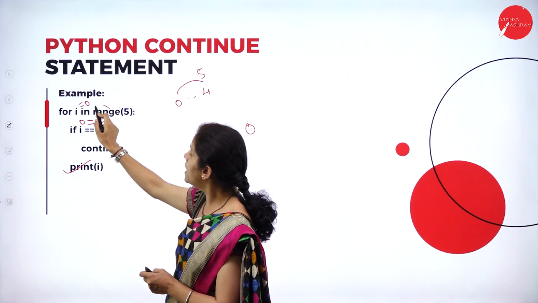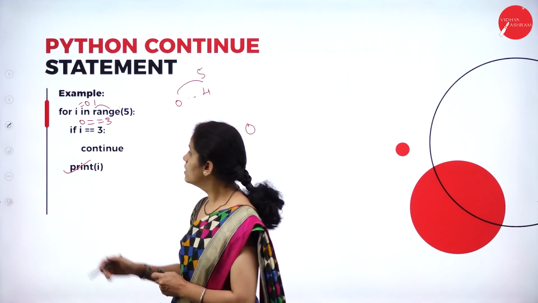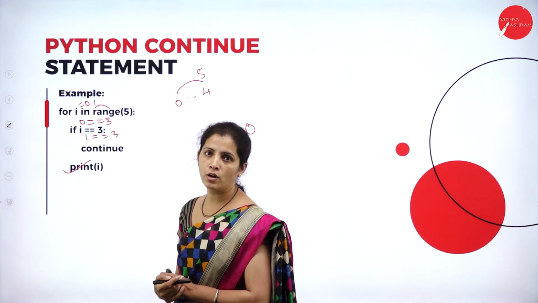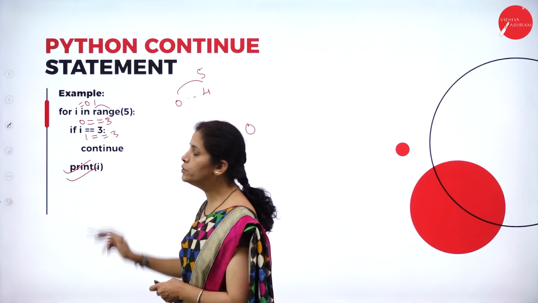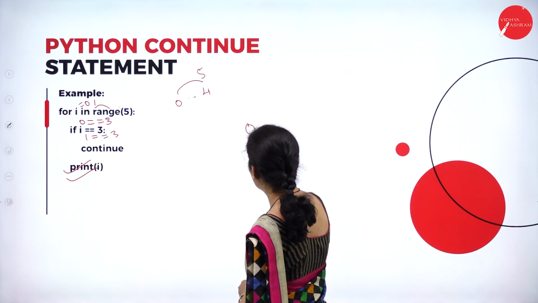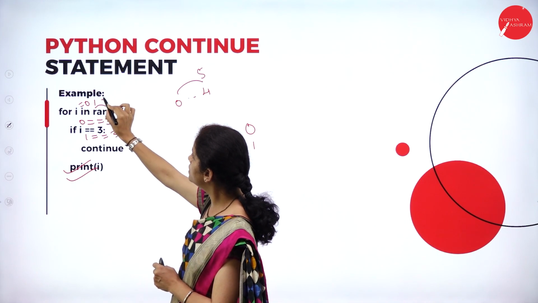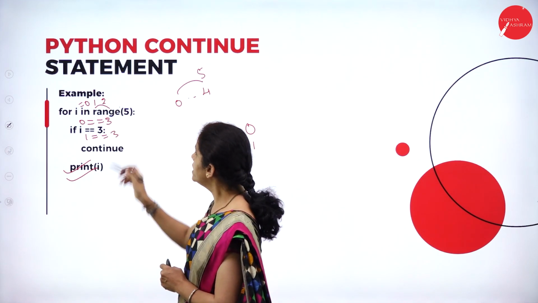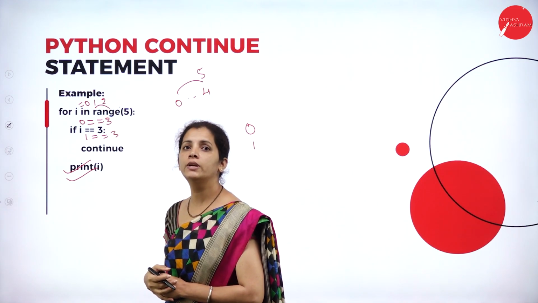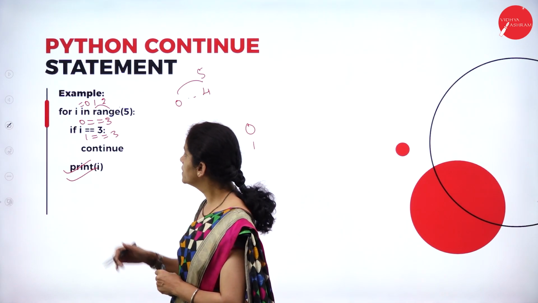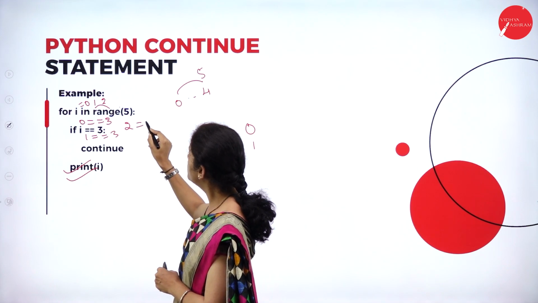Now, the range function returns 1. 1 equal to 3. Is it true or false? It's false. So, I'm going to print 1. Now, the range function is going to return 2. Each time, the value is incremented by 1. So, 1 plus 1, it is 2. 2 equal to 3.